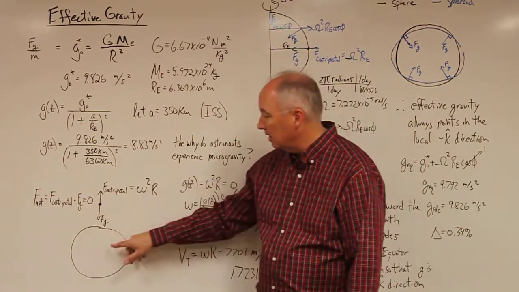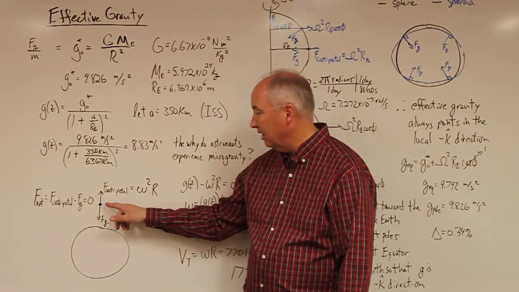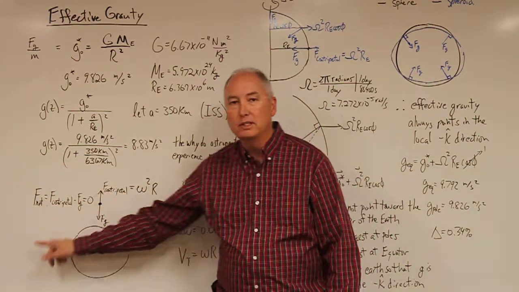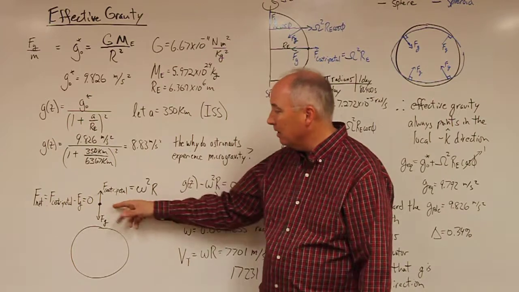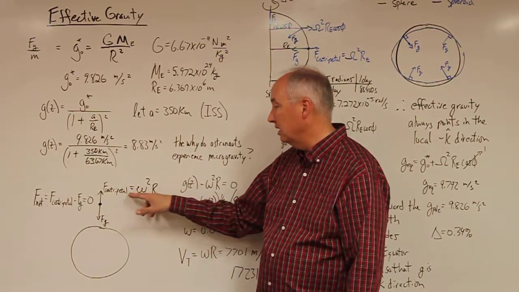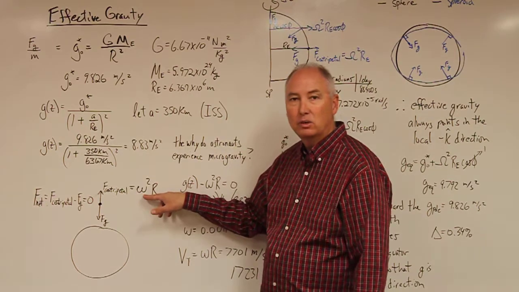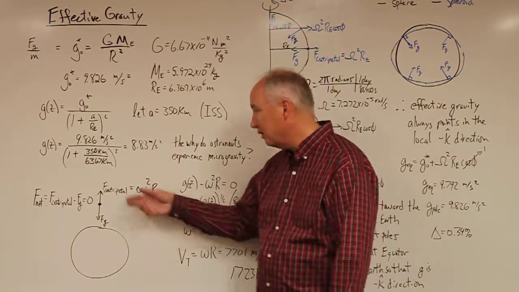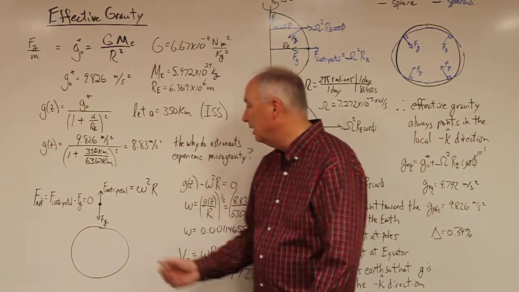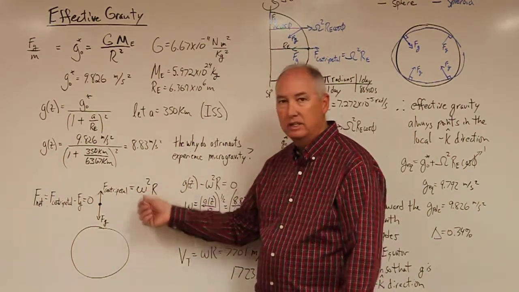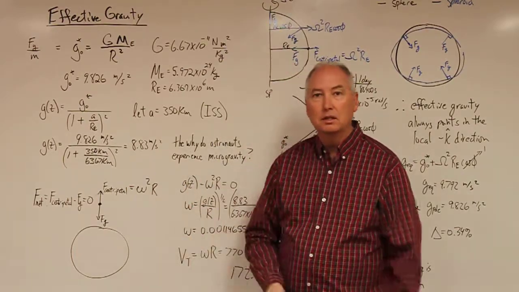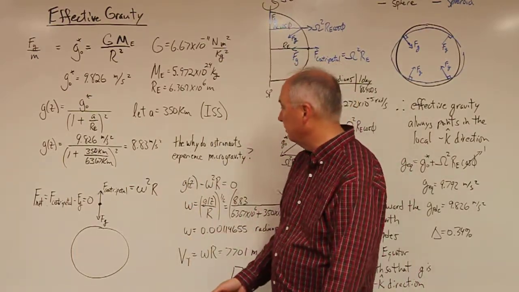If this is the Earth and the International Space Station is in an orbit around the planet, the curvature of that orbit imparts a centripetal force, and the centripetal acceleration, not the force, but the acceleration, is omega squared r. Omega is the angular velocity, and r is the radial arm of that curvature.